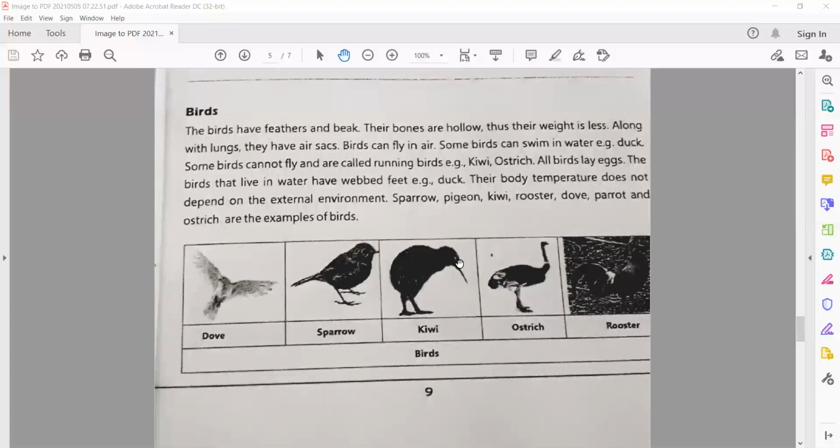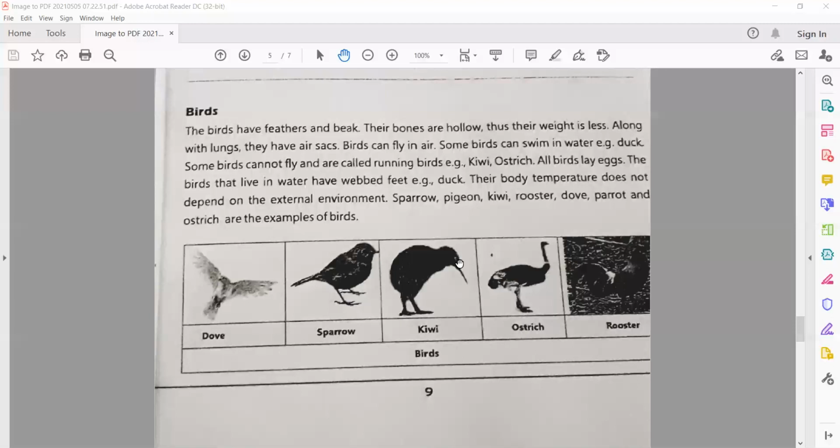While fish, amphibians, and reptiles are cool-blooded animals, they do not have a constant body temperature. While the birds are warm-blooded animals because their body temperature remains the same as they move from one surrounding to another surrounding.